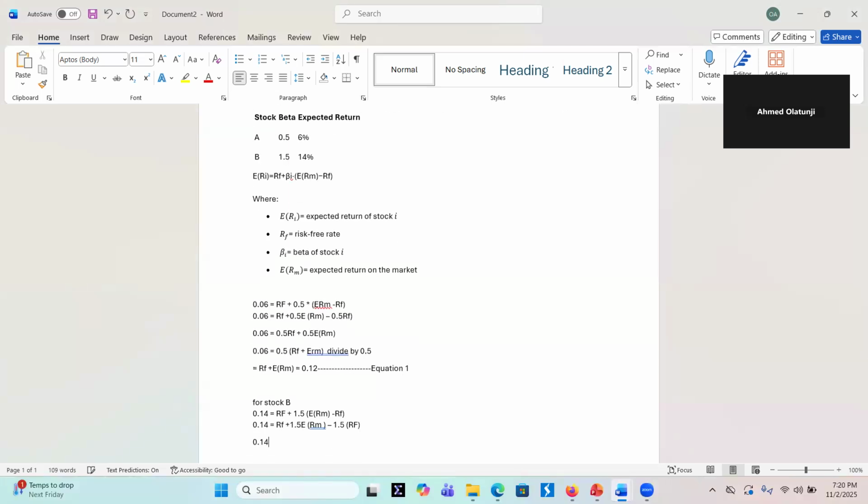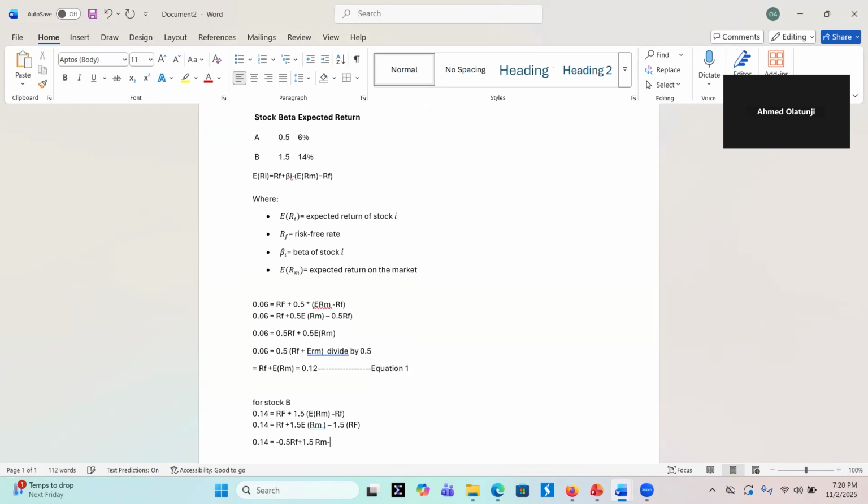So we'll be having 0.14 equal to minus 0.5 RF plus 1.5 RM.